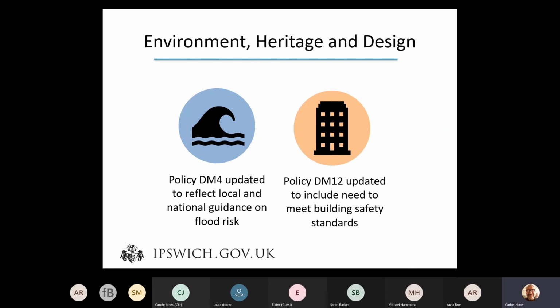Policy DM4 has been updated to make reference to updated government guidance and emerging SPDs, supplementary planning documents. Rewording to policy DM13 has also been made to have regard to the setting of the area of outstanding natural beauty in the southeast of Ipswich. Policy DM12 has been revised to include the need to meet new government building safety standards.